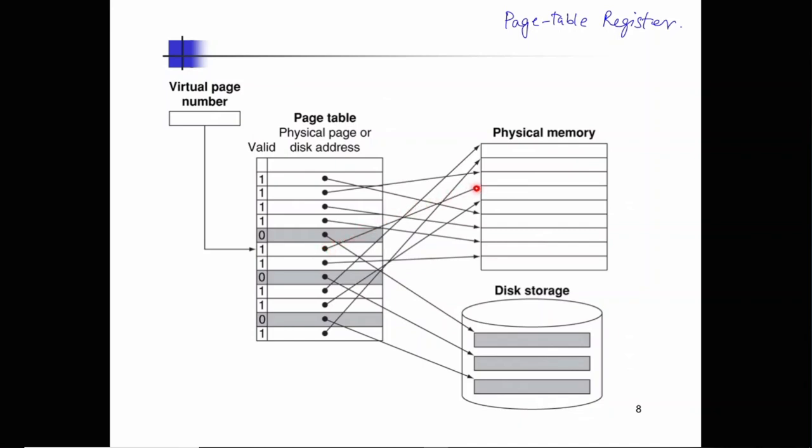So we are able to access it. If the valid bit is off or 0, the page currently resides on the hard disk at a specified disk address. So this particular page table entry has either a physical page location or a disk address.